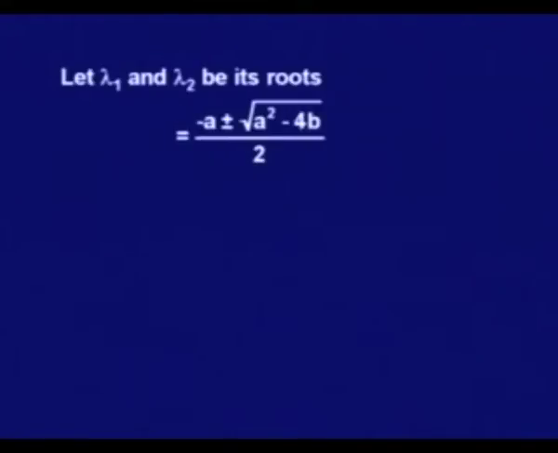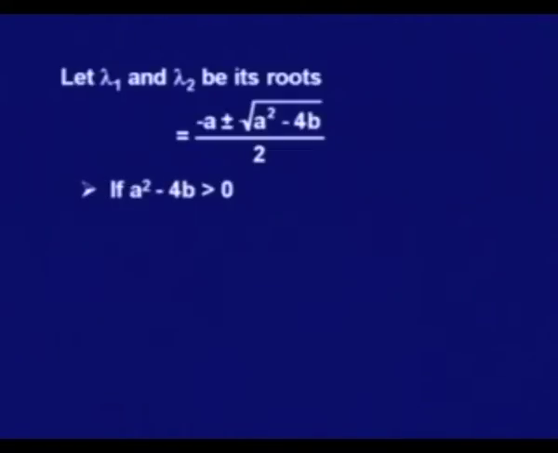Then we check its roots lambda 1 and lambda 2. They are minus a plus square root of a square minus 4b by 2 and minus a minus square root of a square minus 4b by 2. Of course, depending upon the value of a square minus 4b, we have different cases.